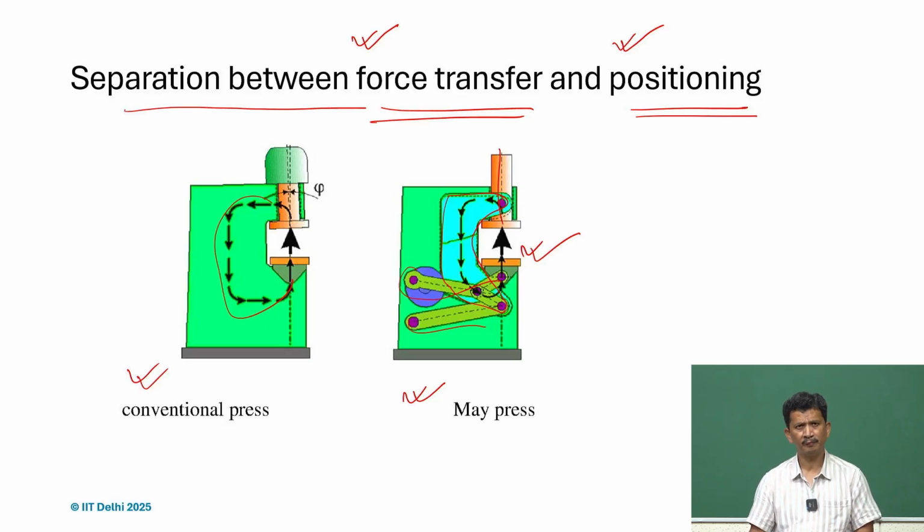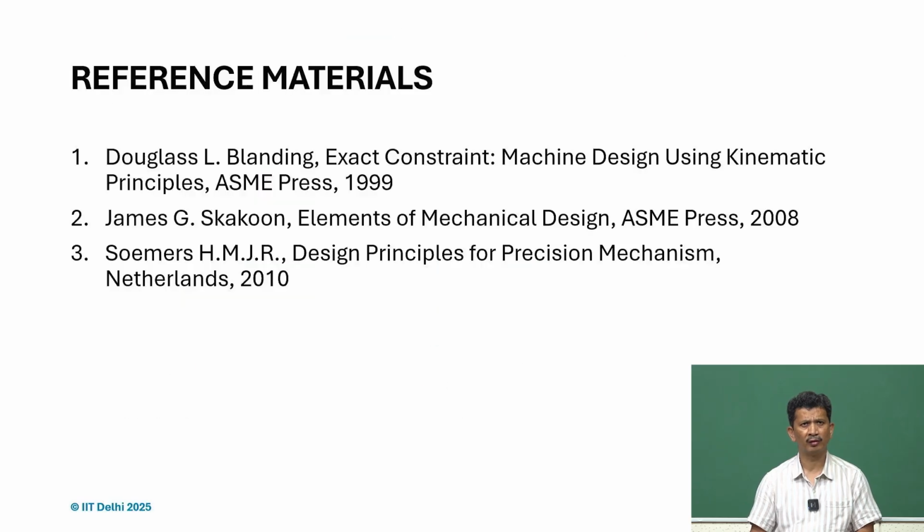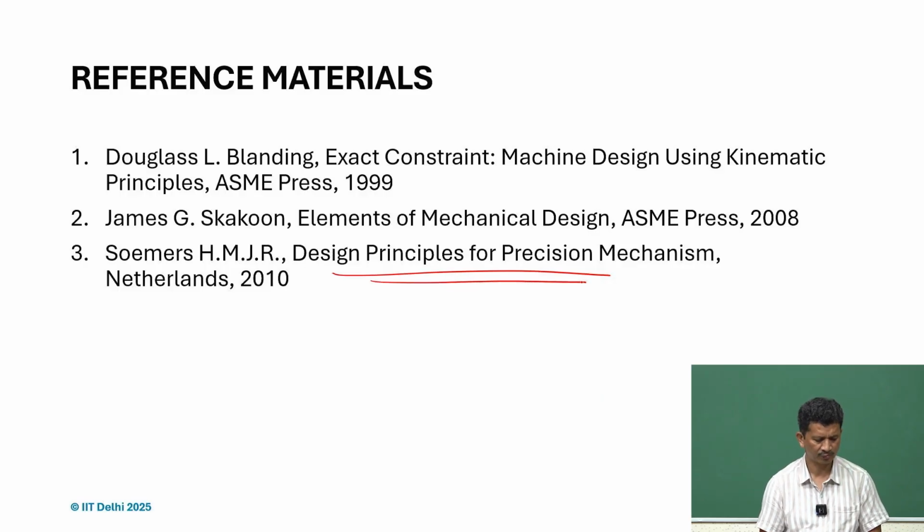We'll stop here today, and we have closed the one module, design for stiffness. Most of the content is from Professor Sumus' book, Design Principles for Precision Mechanisms, from University of Twente, Netherlands. It is based on the book by Professor Koster, which was in Dutch, and an earlier predecessor also, and from Philips, as I mentioned earlier.